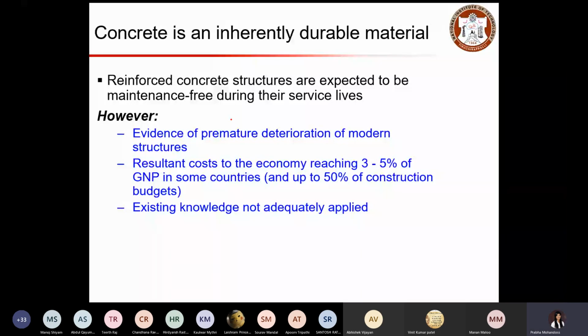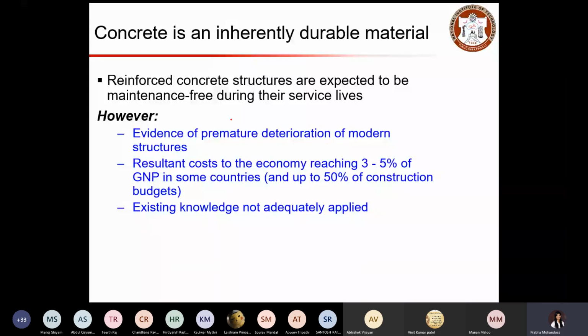When you have deteriorated structures, eventually we will end up repairing them. The resultant cost to the economy will reach about 3 to 5% of some countries' GDP, and up to 50% of construction budgets. Across the globe, it is estimated $2 million are spent for repairing construction work due to corrosion alone.